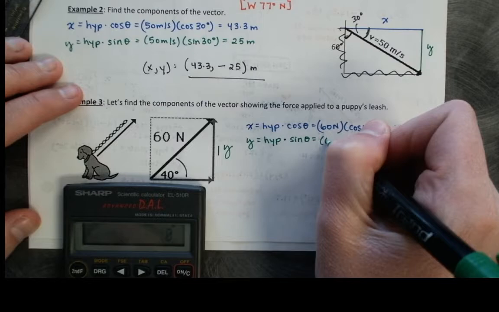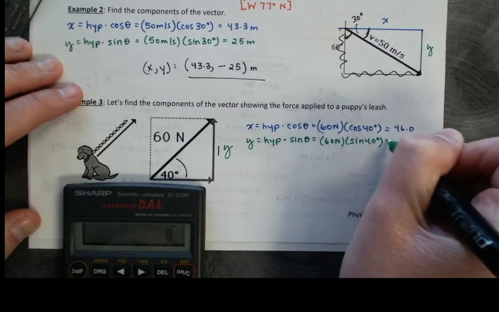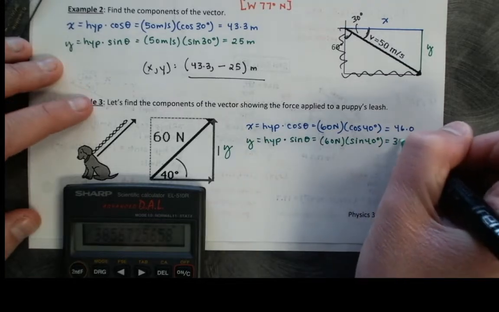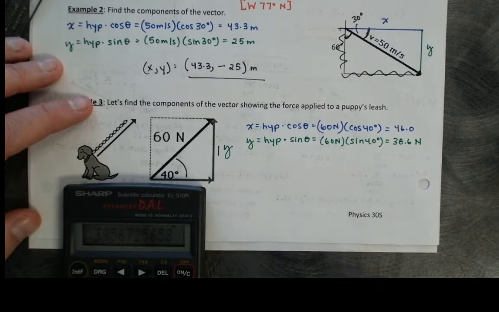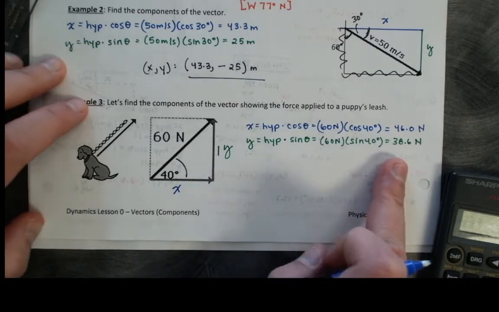So that will be 60 newtons times sine of 40 degrees. 60 times sine of 40 is 38.6. I realize that you can't see my numbers on my calculator at all. So those are our components, 46 and 38.